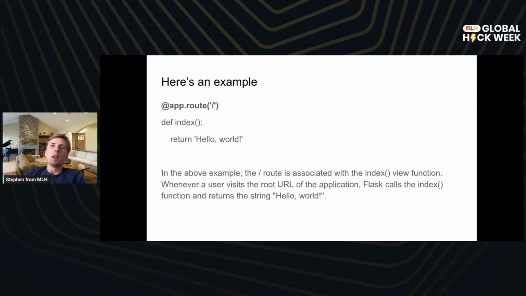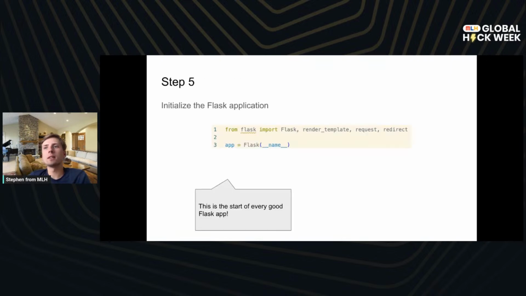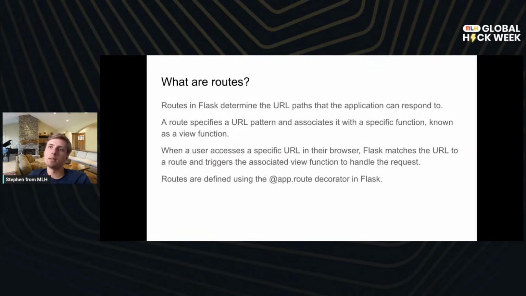So here's the example that I have for you. The decorator is this first line up here, at app.route, and then there's a slash. App is the name of our Flask object. You'll remember from step 5, when we did this in the Visual Studio Code editor. So app is actually our Flask application.